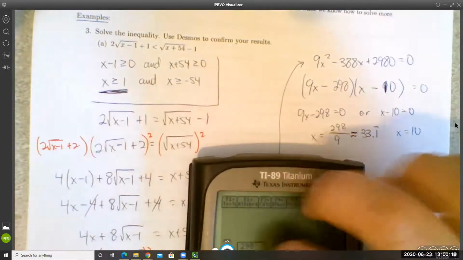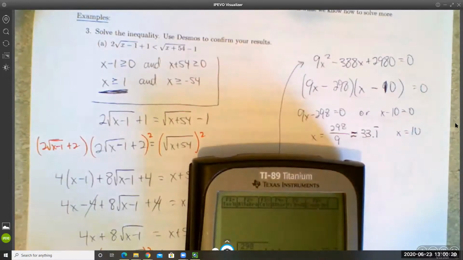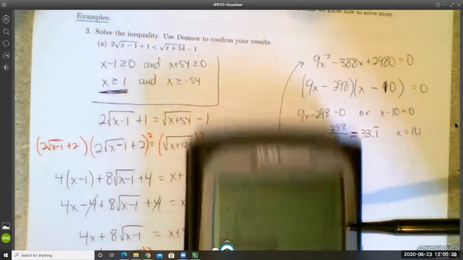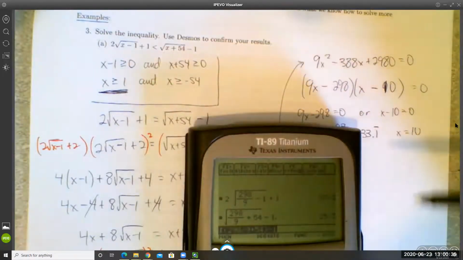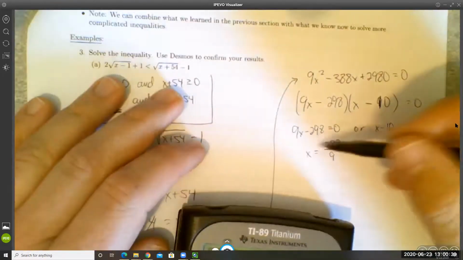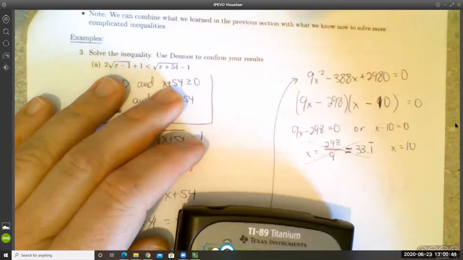If I plug it into the right-hand side, I have the square root of 298 over 9 plus 54, minus 1. So I get 37 over 3 on the left-hand side and 25 over 3 on the right-hand side. So this does not satisfy the original equation.